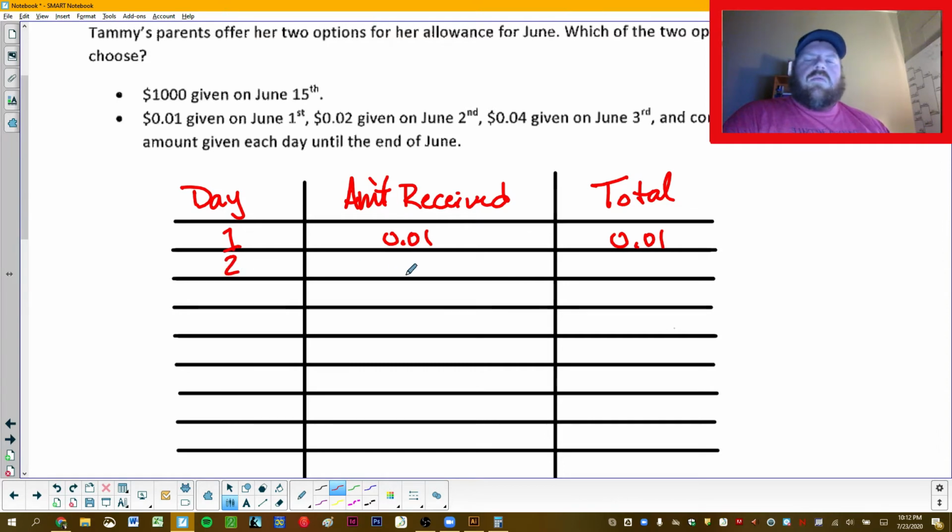On day 2, we receive double the amount from the day before. So we have 3 cents. Day 3, we get 4 cents. So we have 7 cents. Day 4, we get 8 cents. So we have 15 cents. Then we get 16.